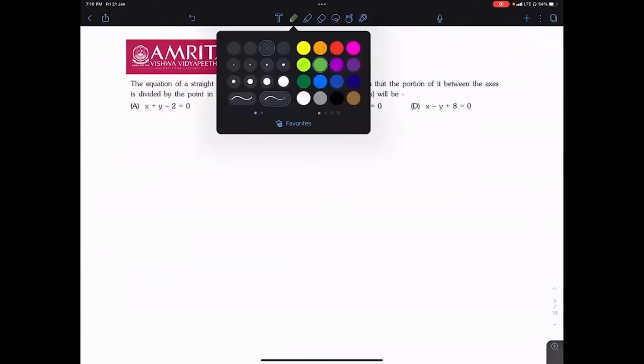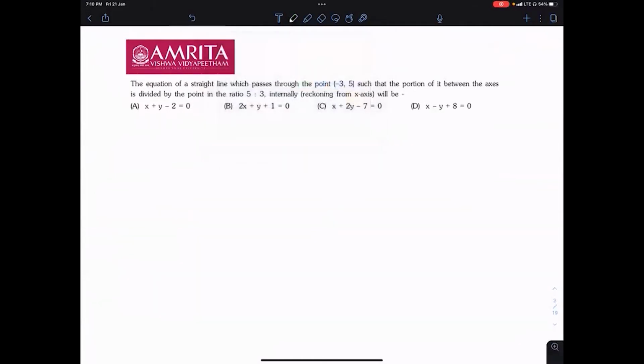Very simple question, but important model. Read the question, guys.